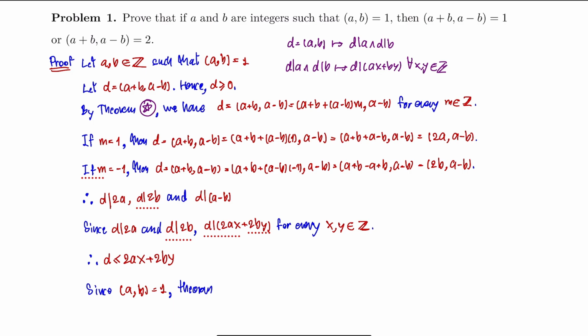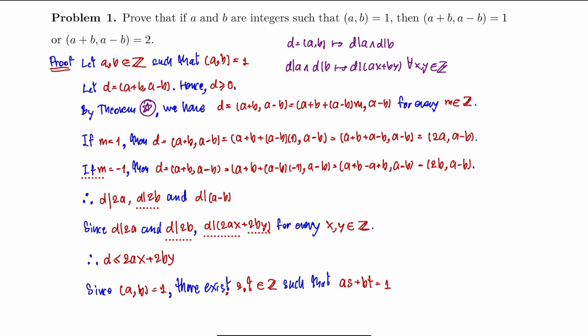Let's use s and t, their axis... sorry, integers s and t such that as plus bt equals 1.